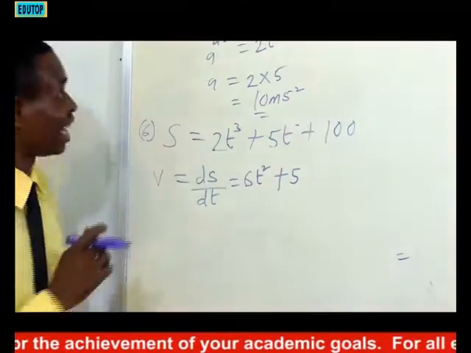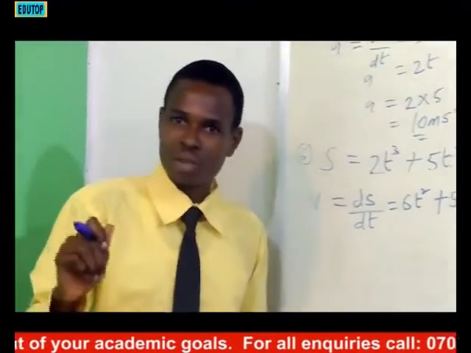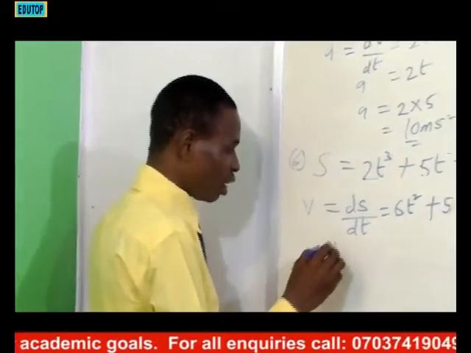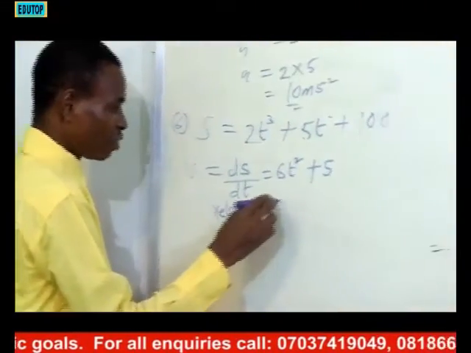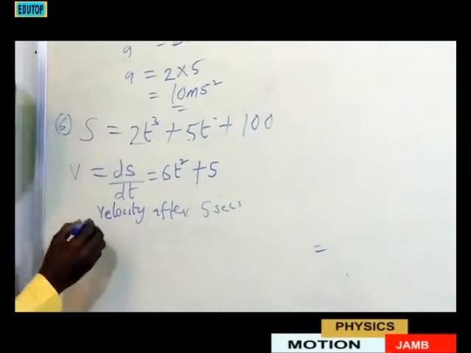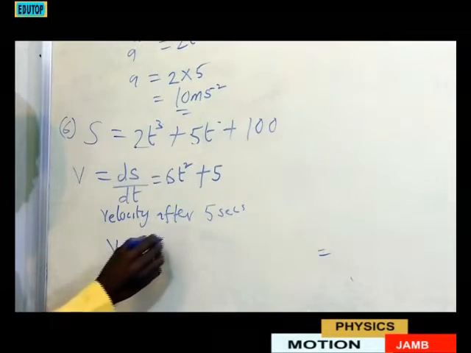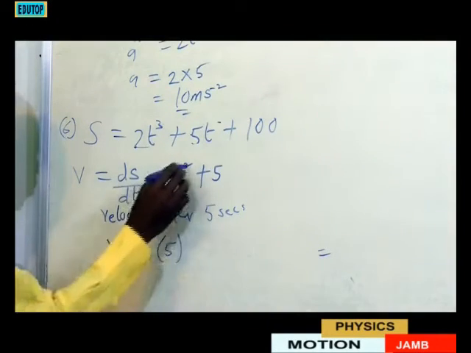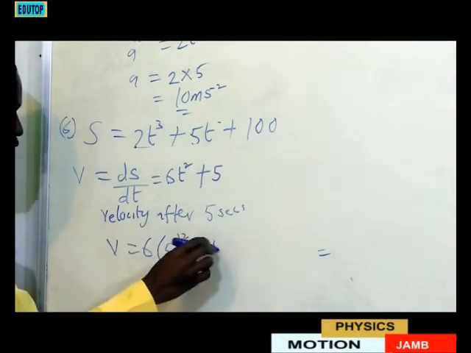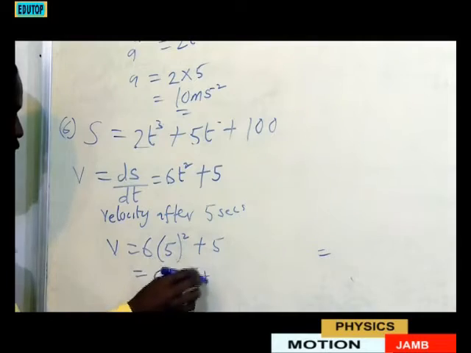But the question says find its velocity after 5 seconds. We are going to say velocity after 5 seconds, which is going to be v is equal to 6 into 5 squared plus 5. 6 times 25 plus 5.